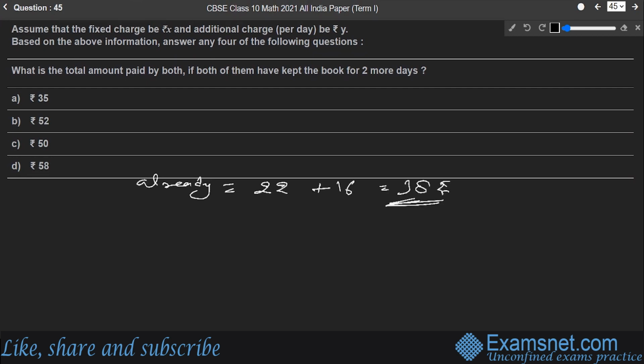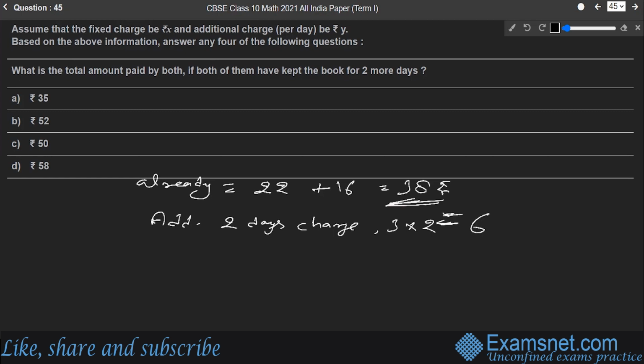Now they have kept it for 2 more days. So additional 2 days charge will be applicable. The additional 2 day charge is 3 into 2, because the additional charge was 3 rupees. So 3 into 2, 6 rupees.